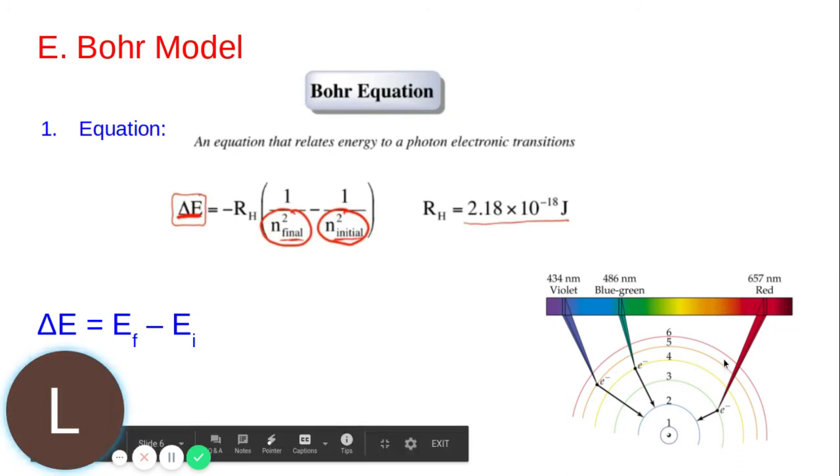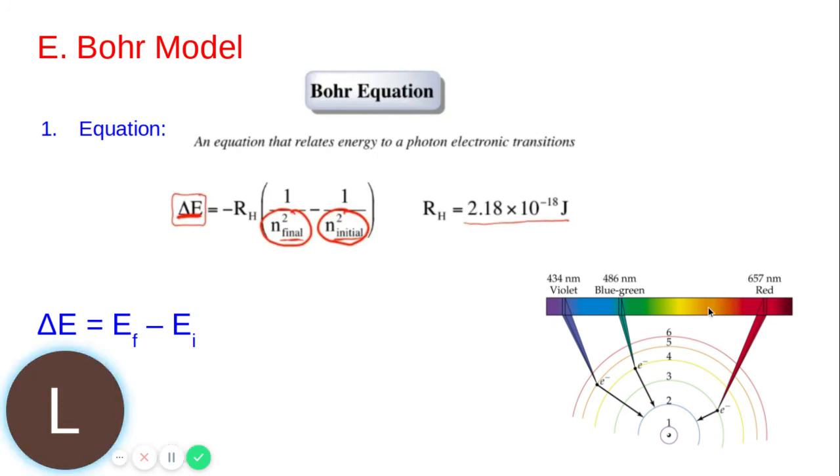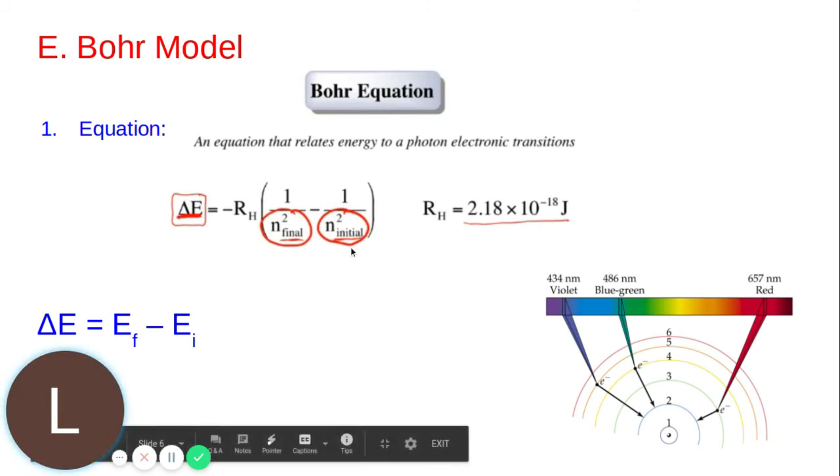So based on the colors, you will predict wavelengths, and then you will use the wavelength to predict energy. I might also have you do it the other way, where I give you an electron path. So I say energy level 2 to energy level 1, and I would ask you, what is the color?